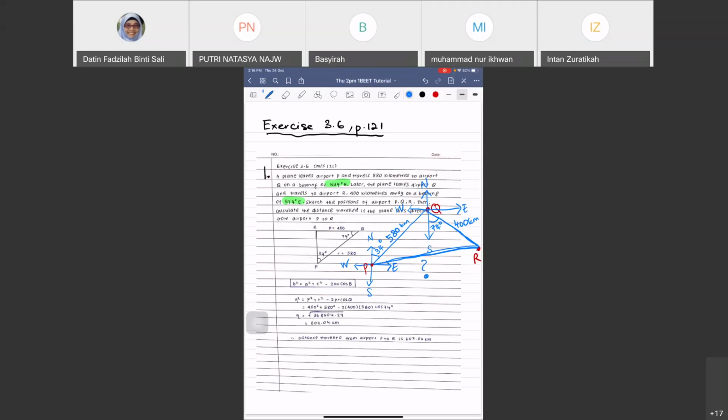From the diagram, because we know this is 34, we can find our angle here.